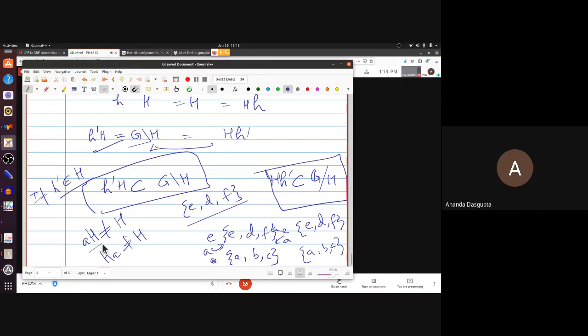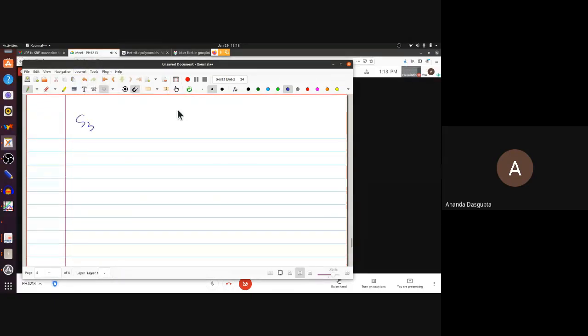Of course, if you had, say, mod G by mod H equals 3, which also is a possibility for that particular example that we talked about, for S3, this is a subgroup. Now, its cosets with A and E are both EA.